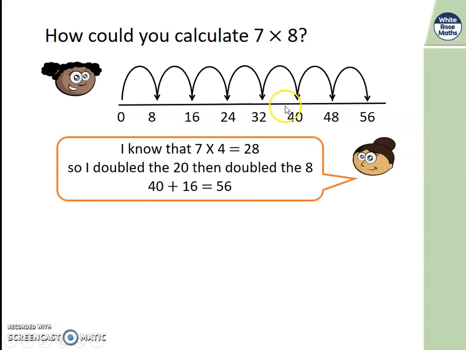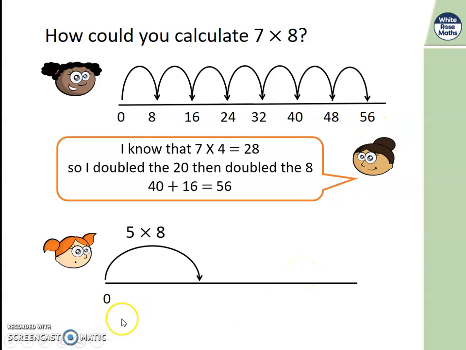Or you can say, I know that 7 times 4 is 28. That could be something that you've remembered. So you know that you can double it, because double 4 is 8, and therefore you need to double your answer, which would be double 20 is 40, double 8 is 16, and it would equal 56. You could use it that way.